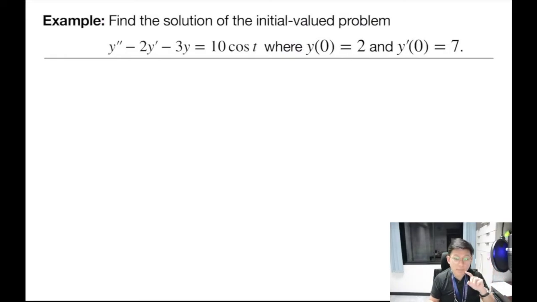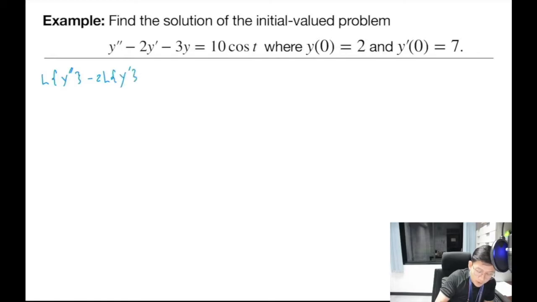First I'll apply the Laplace transform to the whole equation. So what we have here is the Laplace transform of y double prime minus 2 times the Laplace transform of y prime minus 3 times the Laplace transform of y equals the Laplace transform of 10 cos t.